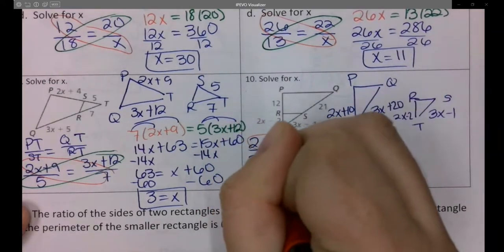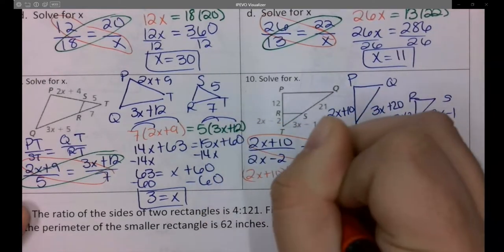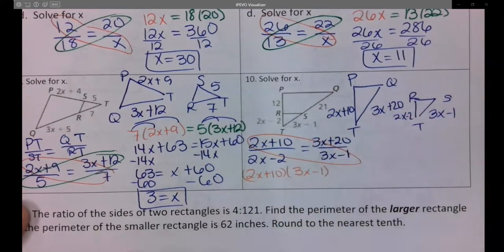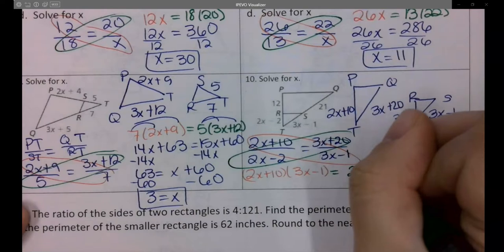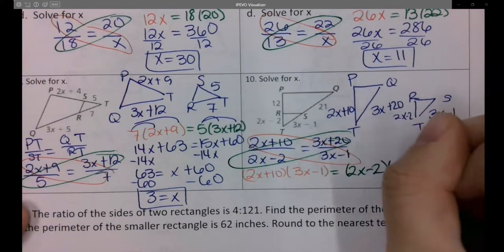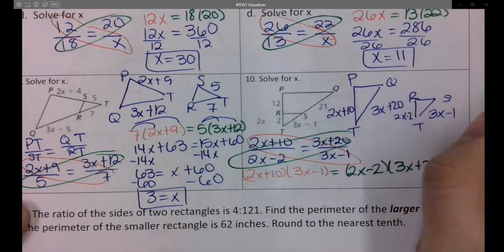So I get 2x plus 10 times 3x minus 1. And then I have 2x minus 2 times 3x plus 20.